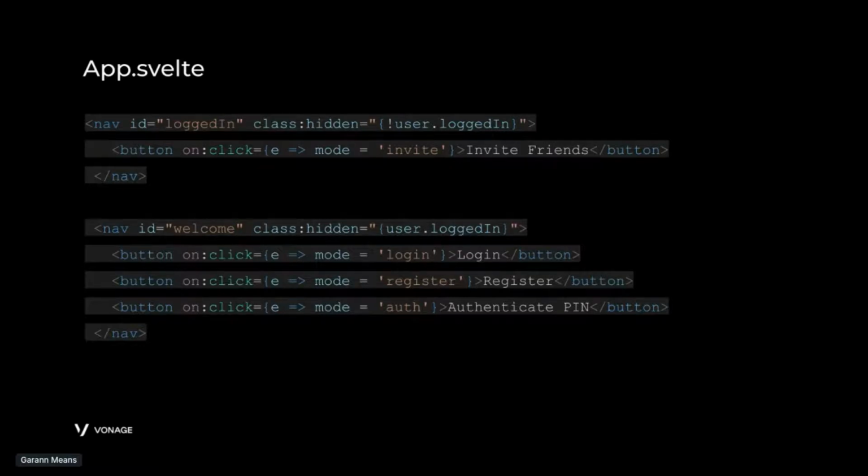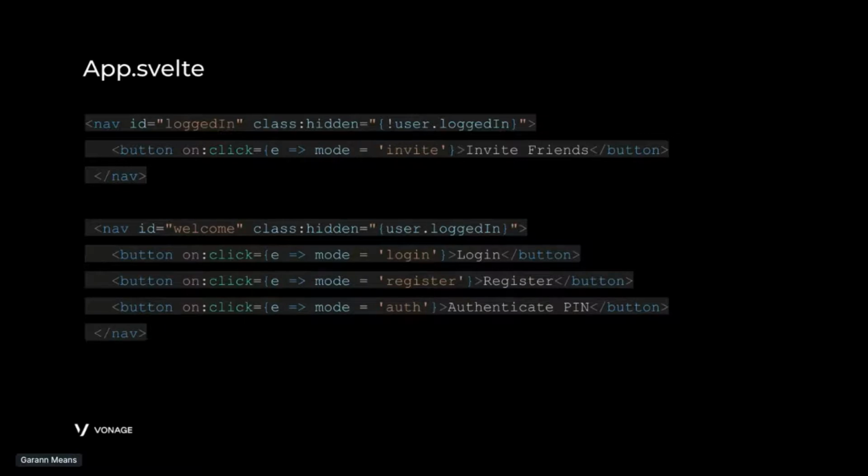And so the class will be hidden is what this syntax is saying if this expression evaluates to true. And so the expression is what's in the curly brackets here. So if not user logged in, then the class will be hidden. I'm getting myself turned around with too many negatives here. And for the welcome one, the class will be hidden if the user is logged in.